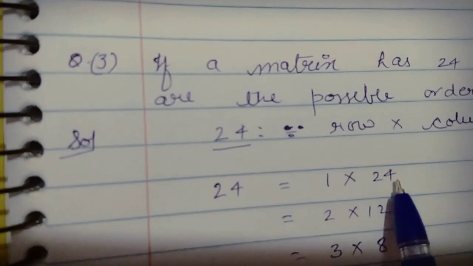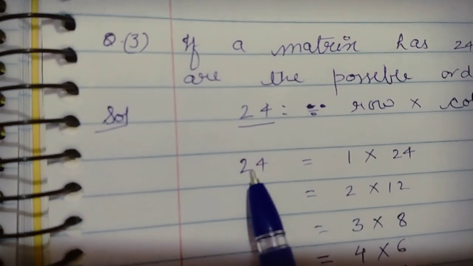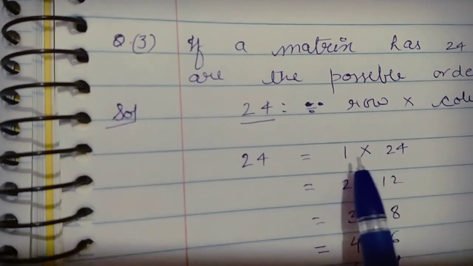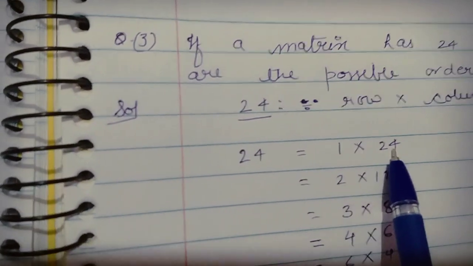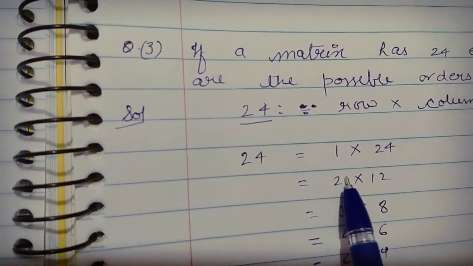So the possible arrangements using 24 in two parts start with 1 multiplied by 24. The number of rows may be 2.